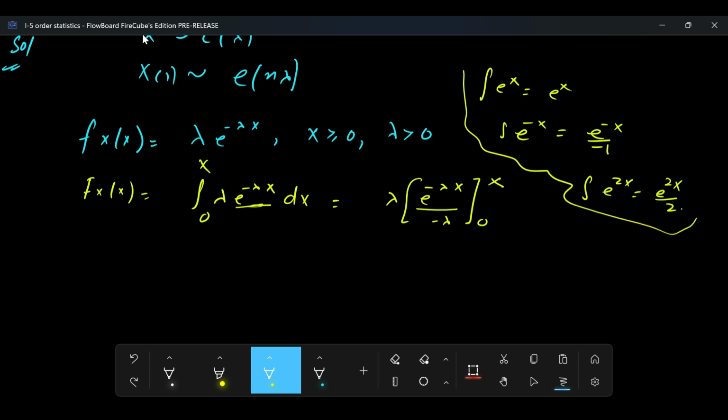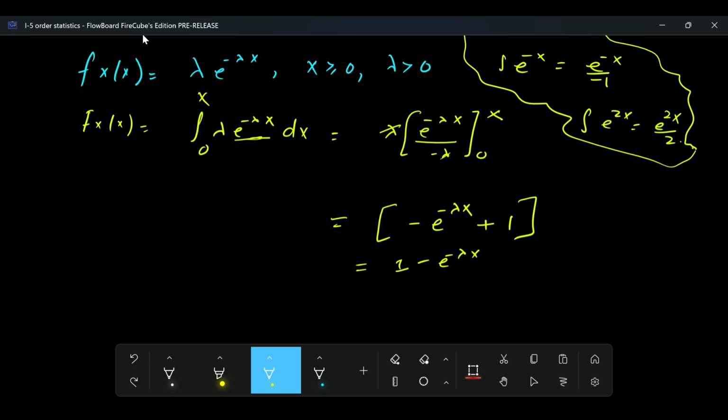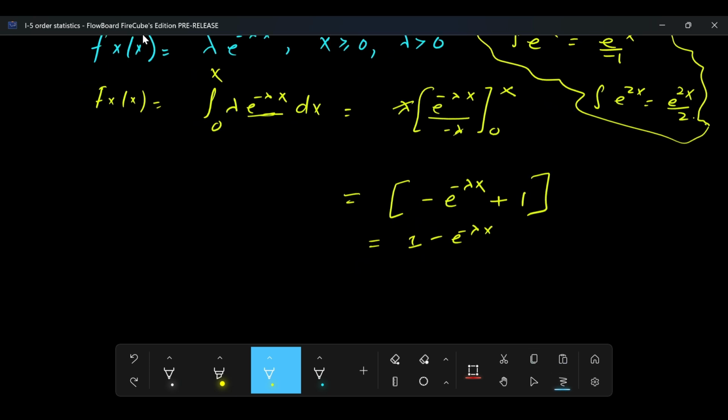So this lambda and this lambda go, and we are left with minus e raised power minus lambda x plus 1, which is 1 minus e minus lambda x. So the CDF is F of x equal to 1 minus e minus lambda x.